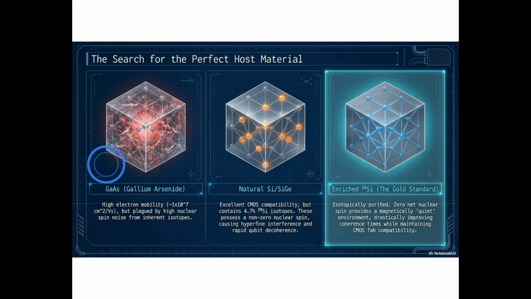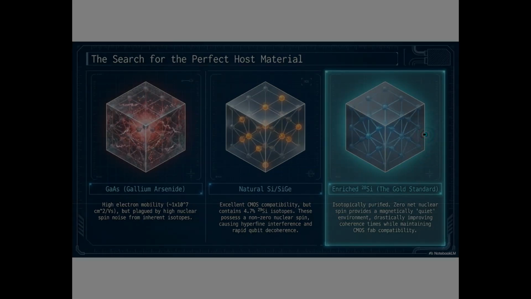Far better CMOS compatibility, but natural silicon contains 4.7% of the silicon-29 isotope, and those silicon-29 nuclei each carry a nuclear spin that interferes with our electron qubit through hyperfine coupling, causing rapid decoherence. Still not good enough. The winner, highlighted here in teal, is isotopically enriched silicon-28.